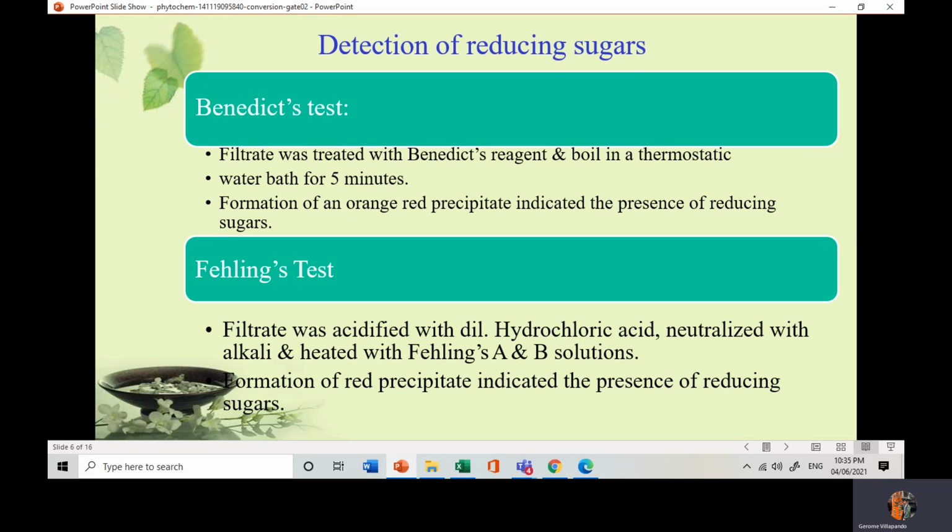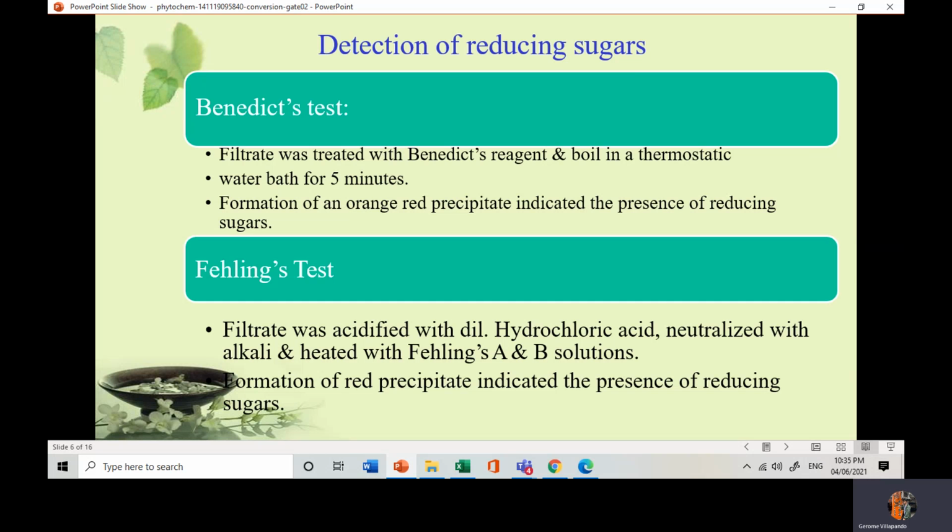In Fehling's test, the filtrate is acidified with diluted hydrochloric acid, neutralized with alkali, and heated with Fehling's A and B solutions. The endpoint is the formation of a red precipitate, indicating the presence of reducing sugar. We will not go too deep into this, since it is elaborated more in biochemistry.